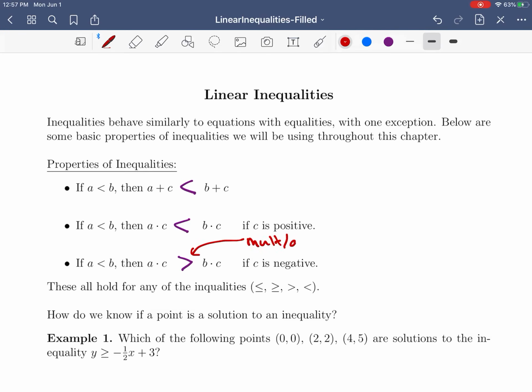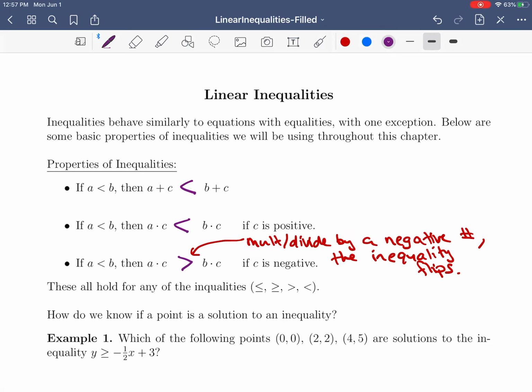So if you multiply or divide by a negative number, the inequality flips. We won't be needing to really manipulate inequalities that much, but you might want to if you prefer to graph using, say, slope-intercept form.